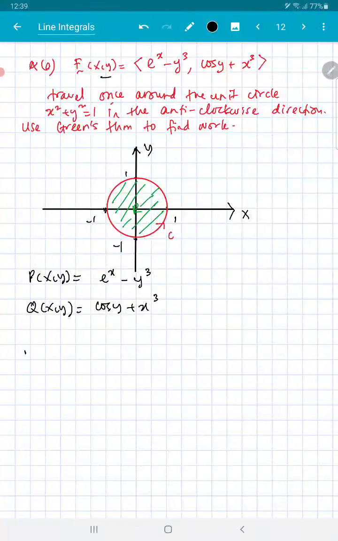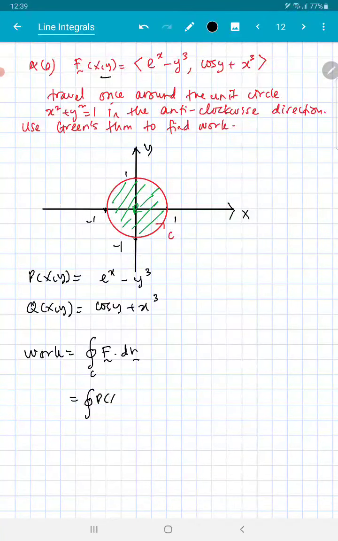So we know work is really F dot dr. But here our curve is a closed curve. So from there we get P of x, y dx plus Q of x, y dy over closed curve C.